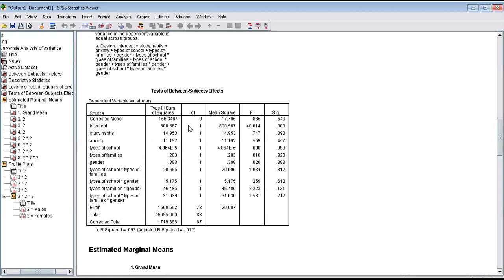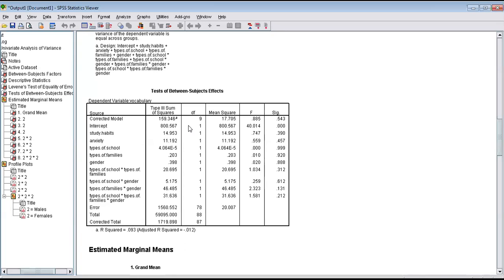And your F value in this case is 0. All right, no problem. The types of family is 0.20 and its F is 0.10. Your gender is 0.398, so it is 0.40, and then F is 0.02.